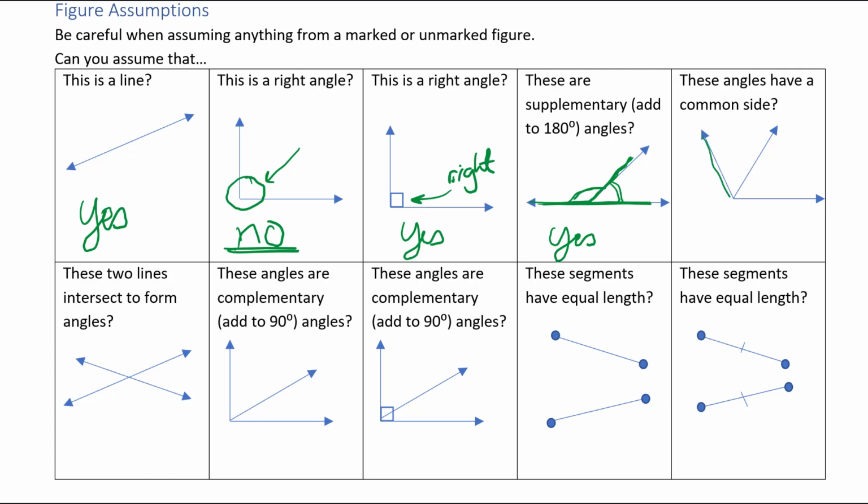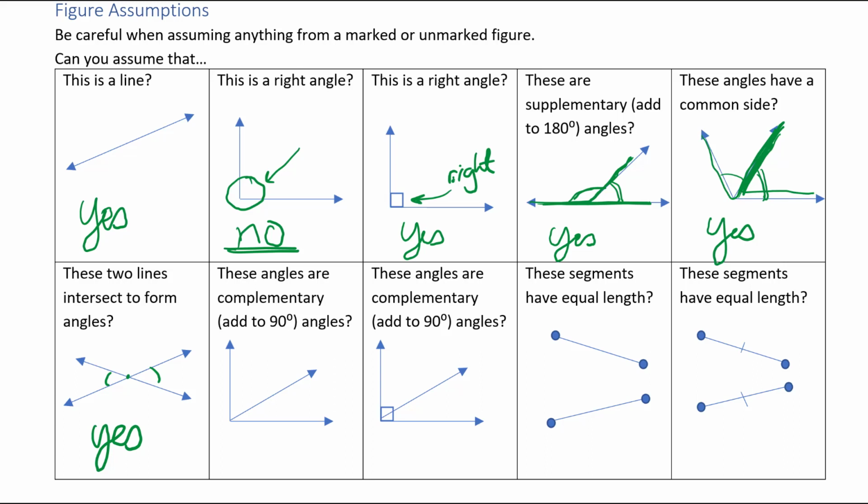Well, we have an angle here, and then we have another angle here, and we can agree that they do have a common side because there's one in the middle. Okay. Can you assume that these 2 lines intersect to form angles? Sure. You have a line here and a line here. We have 2 lines intersecting. You can see the angles, so yes, we can assume that those intersect because that's what the lines show.